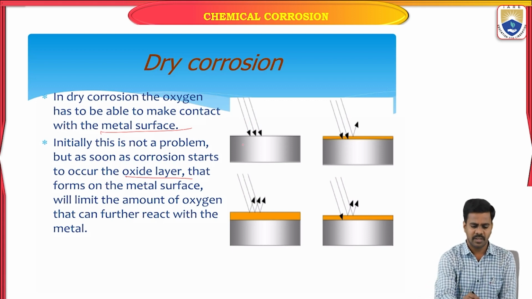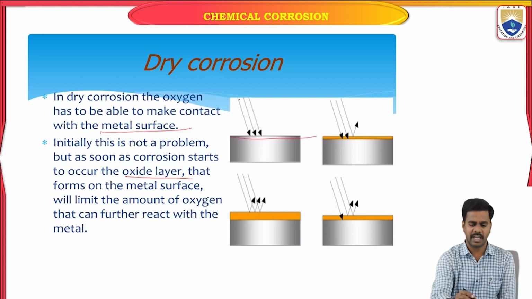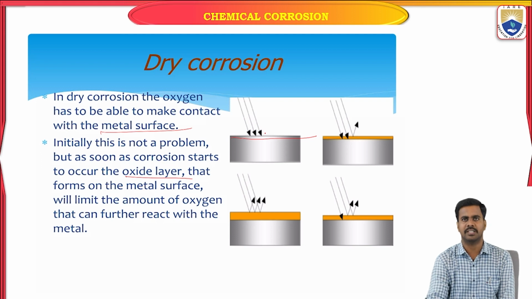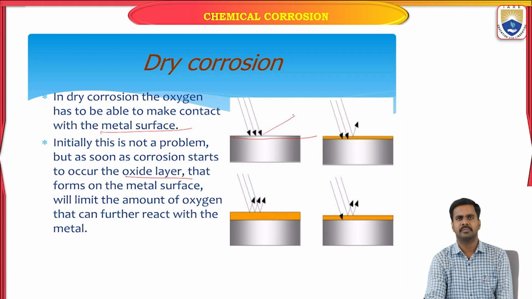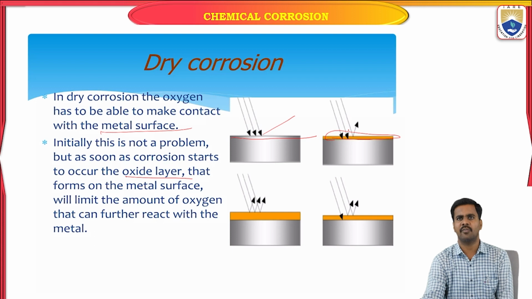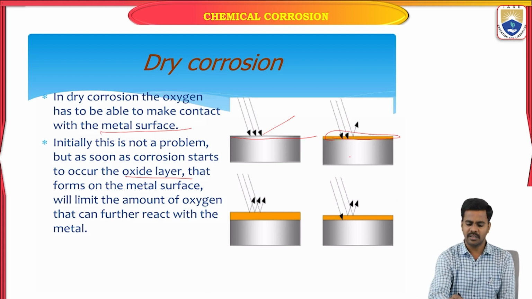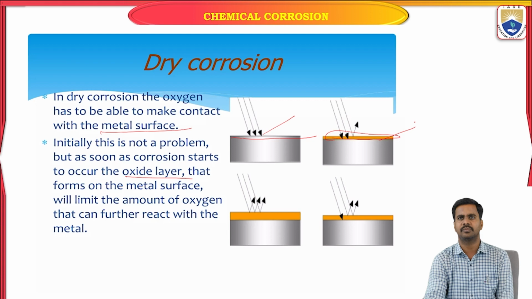Initially, this is the surface of the metal. Oxygen present in the environment attacks the surface of the metal. Initially there is no problem, but as soon as a metal oxide layer is formed by the attack of oxygen, the metal reacts with oxygen in the environment and forms a metal oxide layer.